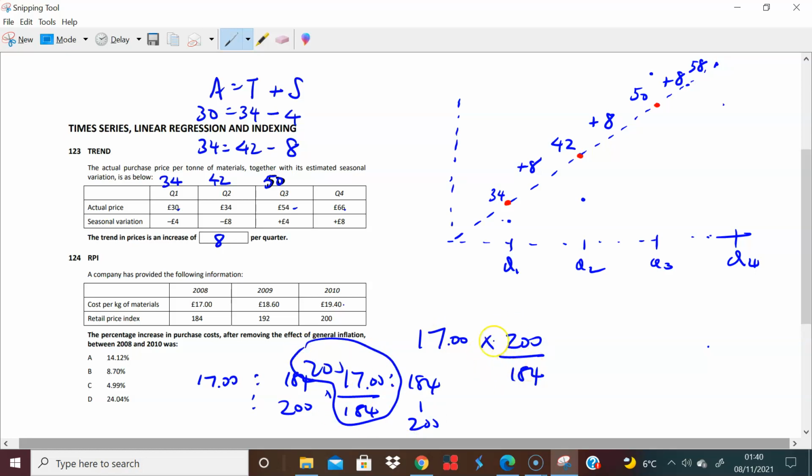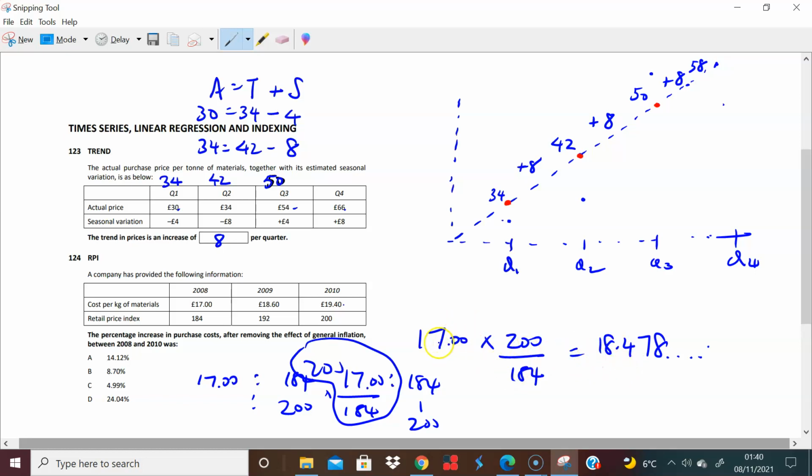So you do 17 times 200 divided by 184, and then you get 18.478. Now, this is technically what the inflation has caused.